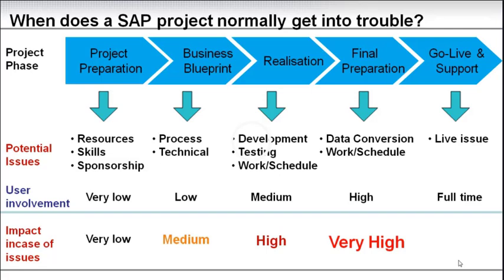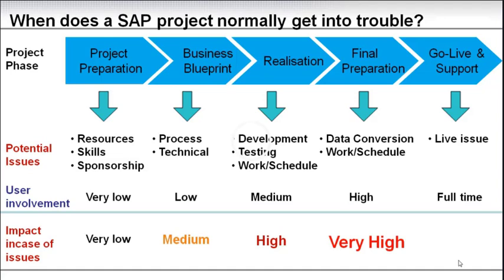Now the impact in case of issues during the phases. In the beginning, we haven't really started, we haven't really scaled up the team yet, so it's very low. Then it goes to medium during business blueprint. We still haven't started building the design. Once we start building the design in realization, we get into a high impact if something happens.